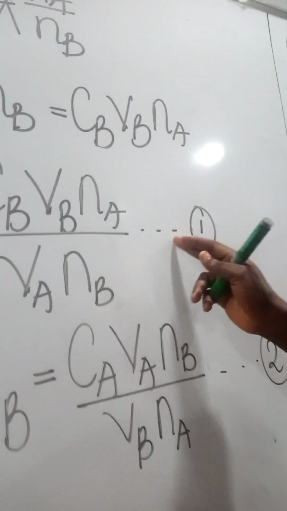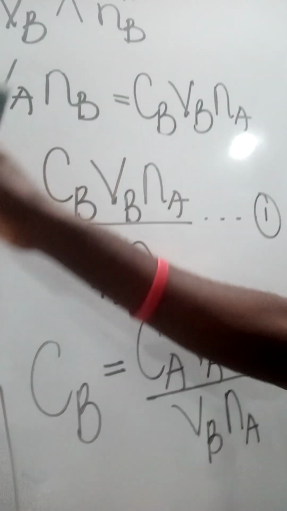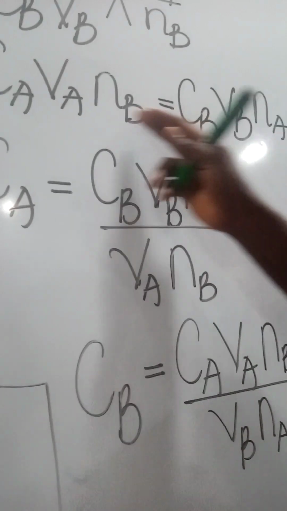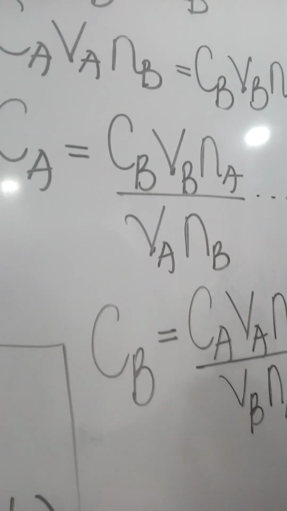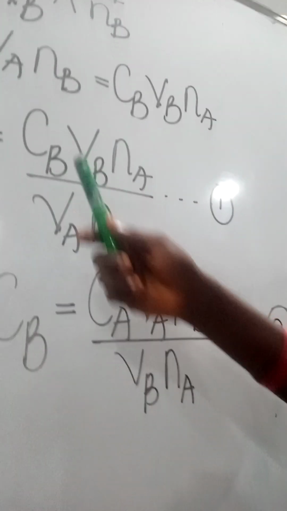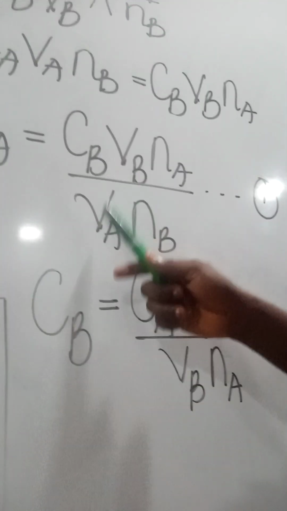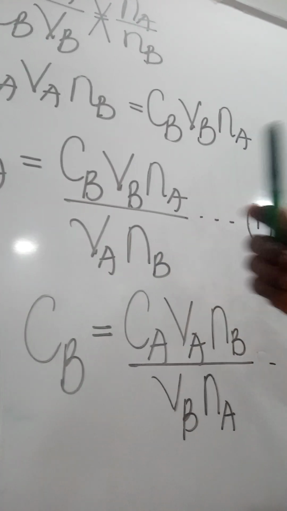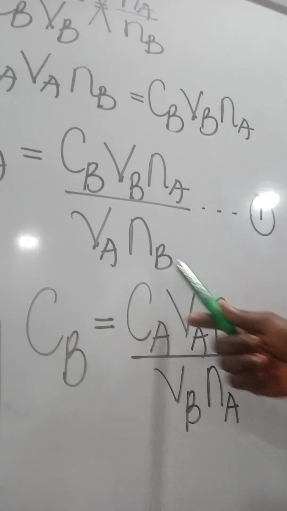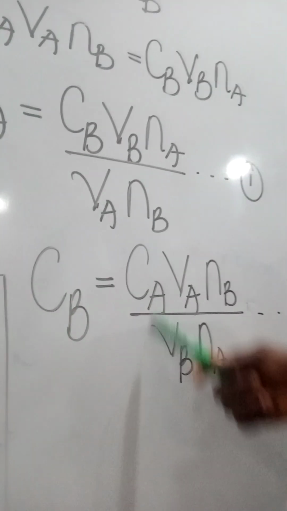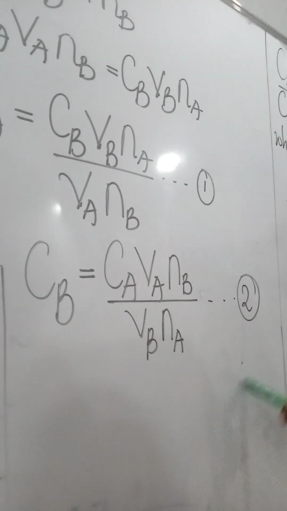So each time you are calculating the concentration of the acid, you have this expression, involving the concentration of base, volume of base, number of moles of acid, volume of acid, and number of moles of base. And also for the concentration of base, this is what you have.